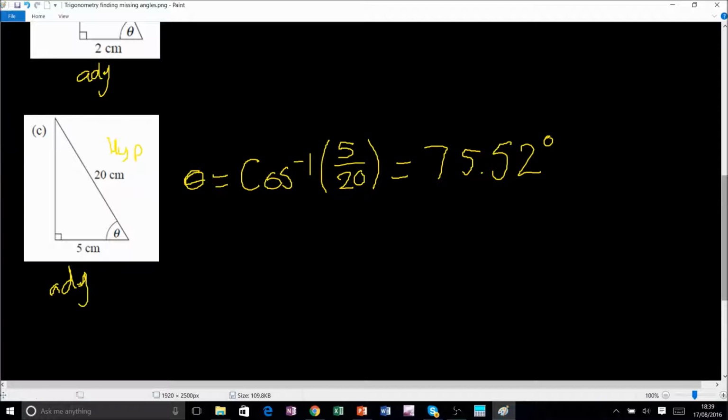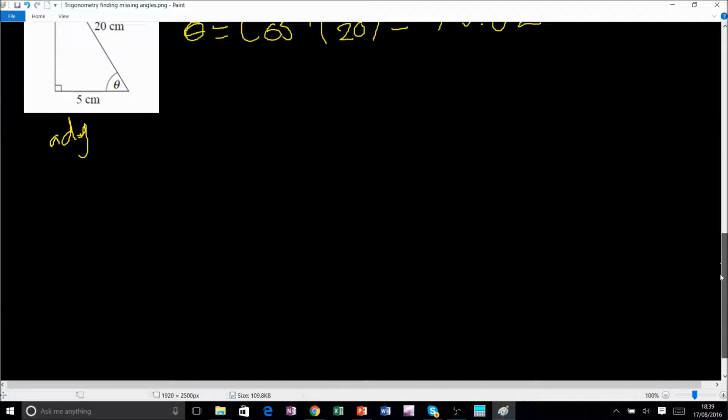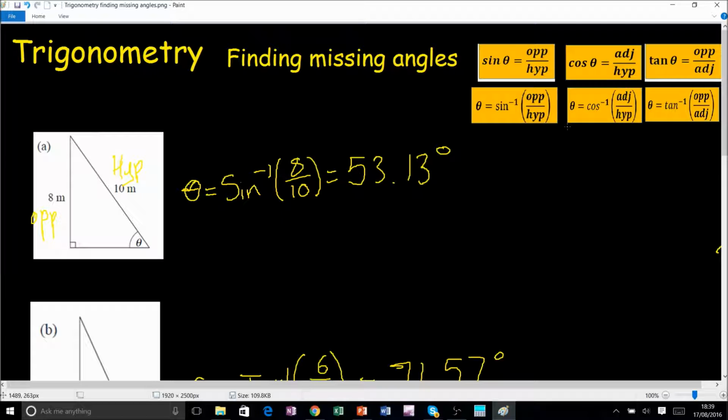So guys, you can see that finding angles using trigonometric ratios isn't too bad at all. All you need to do is first establish the sides that you've got, whether they're hypotenuse, opposite, or adjacent. Once you know the sides, you know which trigonometric ratio to use.